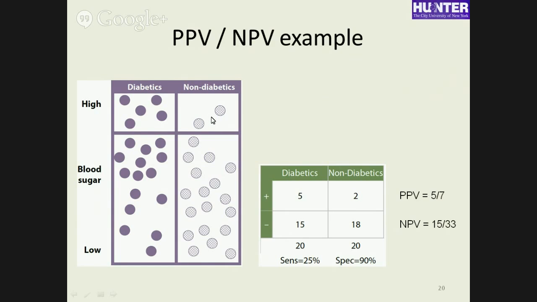That's not going to change your sensitivity and specificity, but it is going to change your PPV and your NPV, because you're going to be taking people out of the left-hand column and moving them into the right-hand column. So as you go to a lower prevalence population, you are going to reduce the PPV and increase the NPV.